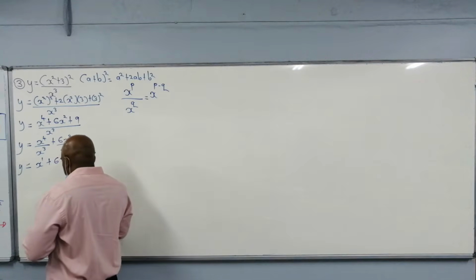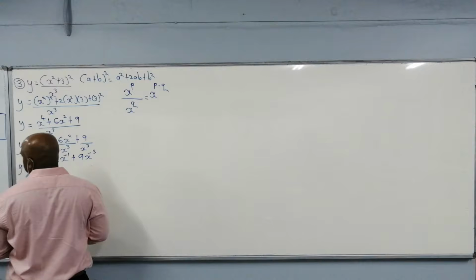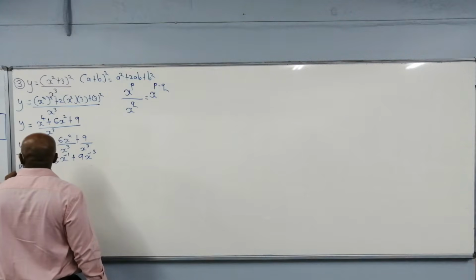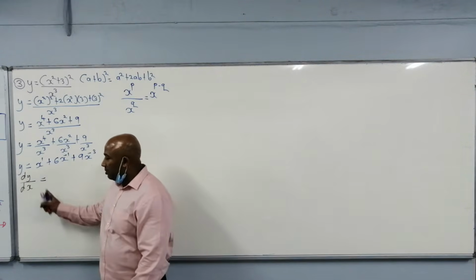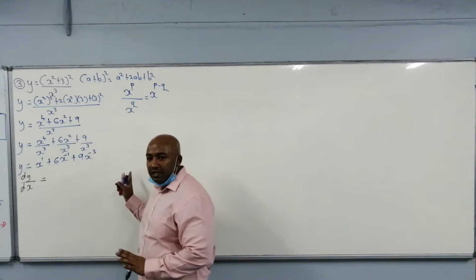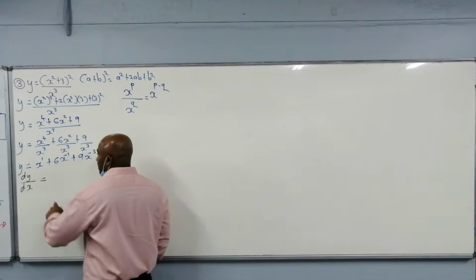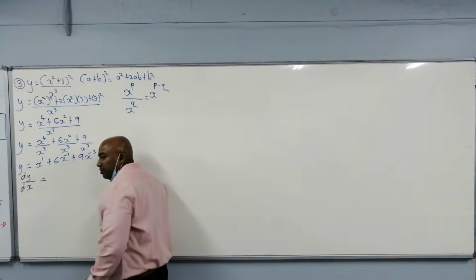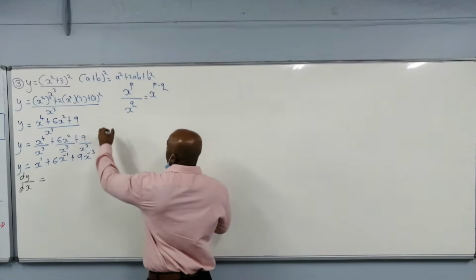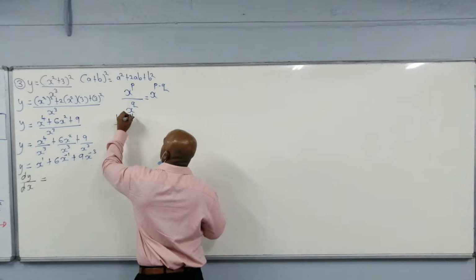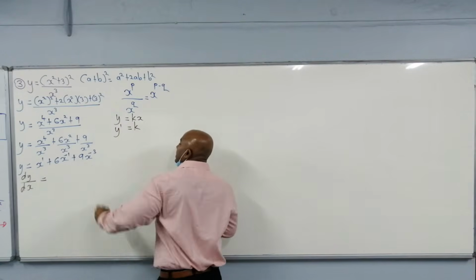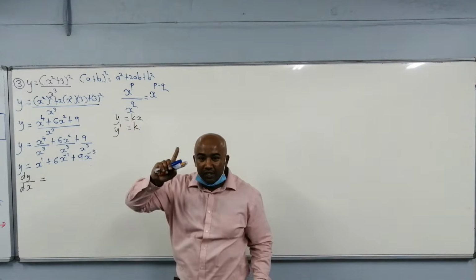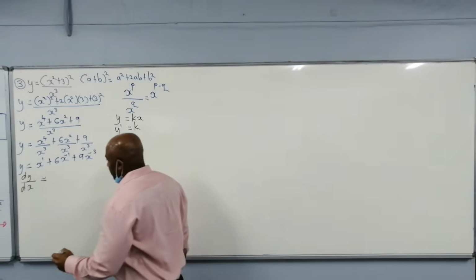Now, finally, I can differentiate. So I'm going to go dy over dx. Remember, I'm differentiating both sides with respect to x. So the derivative of x to the power 1, remember we just did that. If you have y is equal to kx, the derivative is just going to be k when your power is a positive 1 only.